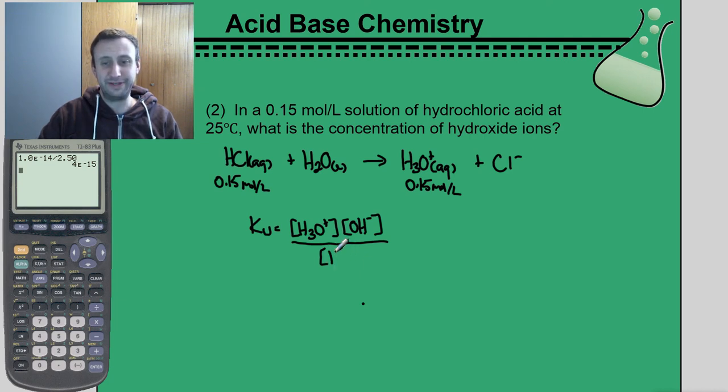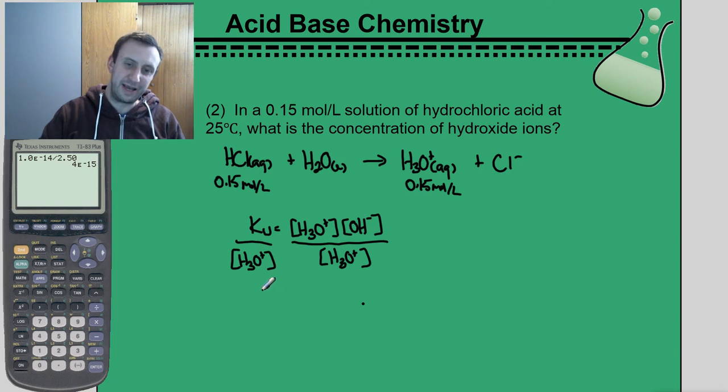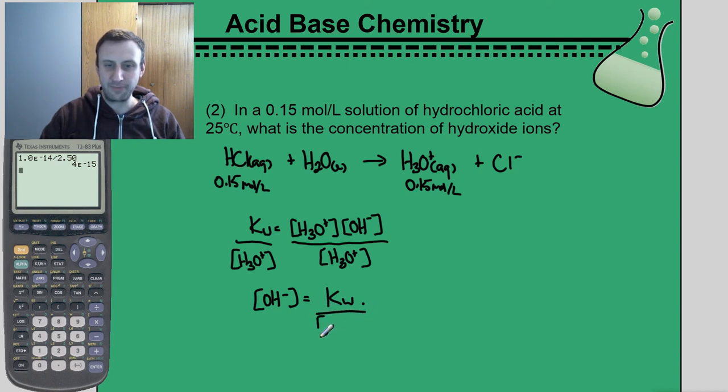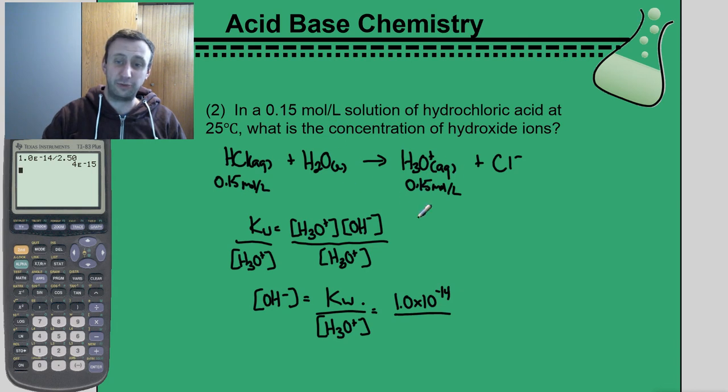So I'm going to end up with hydroxide, OH minus, is equal to Kw divided by that hydronium, H3O positive. So I have 1.0 times 10 to the negative 14 divided by my concentration of hydronium of 0.15.